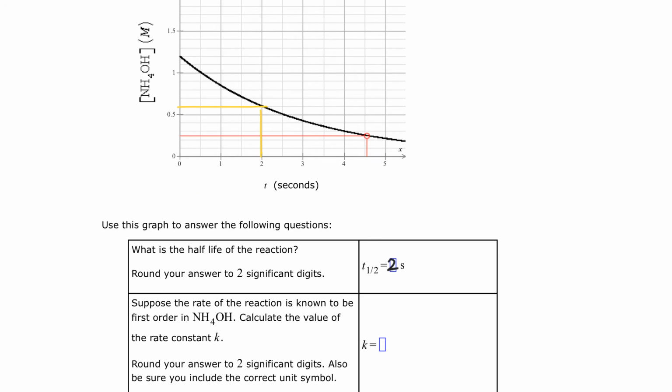Okay, the second question you're going to need a formula for, because there needs to be a relationship between the rate constant and the half-life. Right? So we know the half-life is 2 seconds, and so I need to know what the K is, or what the constant is here, based upon the rate constant.